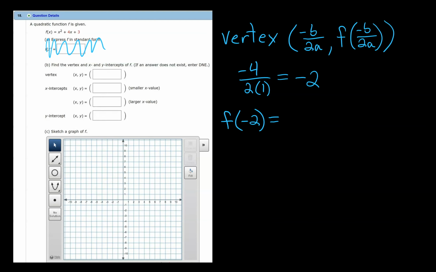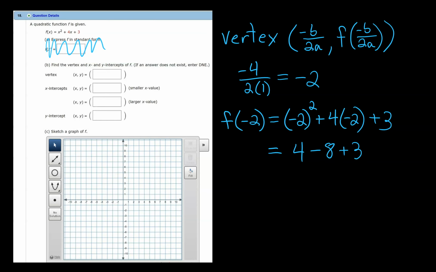So we're going to plug that into our function, so make sure you use parentheses, it's a negative number. We've got negative 2 squared plus 4 times negative 2 plus 3. So negative 2 squared is 4. 4 times negative 2 is negative 8. We've got plus 3.